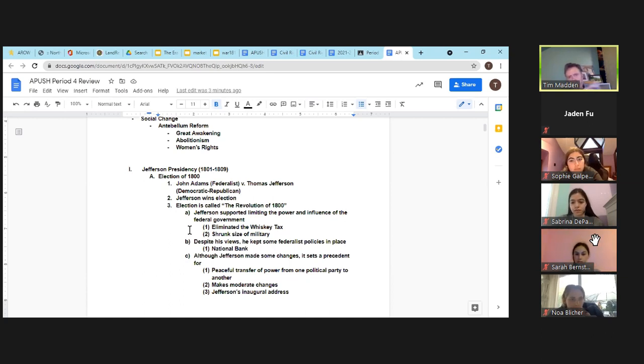In reality, you see some changes, but the changes that take place are relatively moderate. He does shrink the size of the government. He repeals the whiskey tax. The Sedition Act is repealed, but he does keep some Federalist policies in place, like the National Bank, which he had been very strongly against.